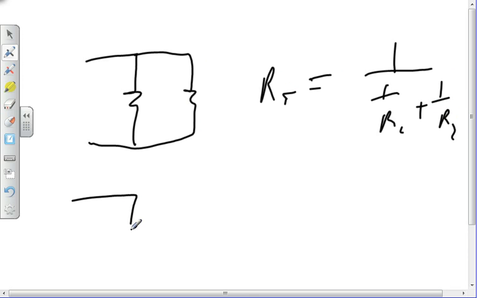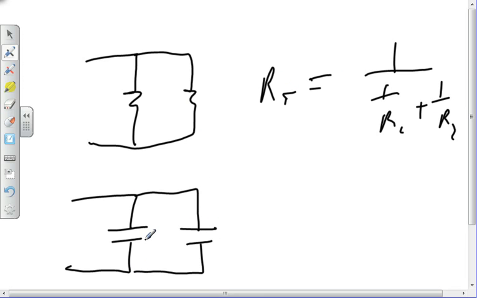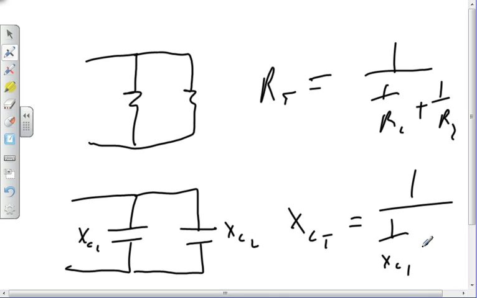If I have capacitors in parallel, we know that the capacitance is going to add, but if I know XC1 and XC2, then XC total is going to act just like resistance does, 1 over XC1 plus 1 over XC2. And if all we use is magnitudes in our calculations, we're going to be okay. This is going to be a minus 90 phase shift.